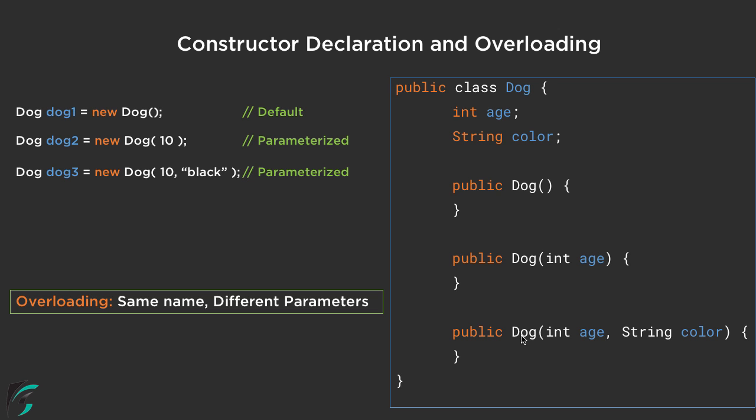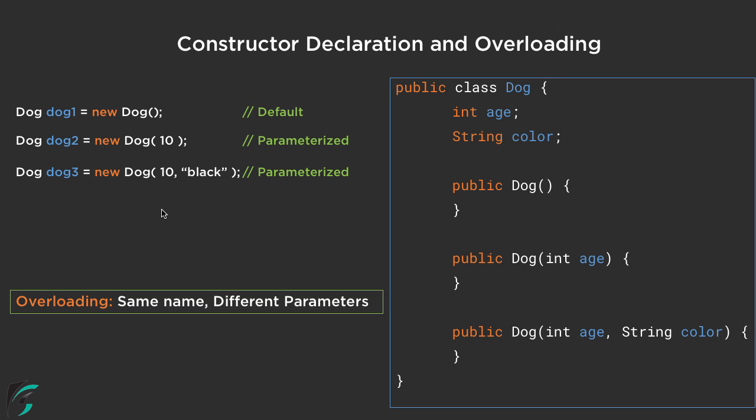If you notice, we have different parameters: here we have no parameter, here we have one parameter, and here we have two parameters, right? This concept of having the same name and different parameters is known as constructor overloading in Java.